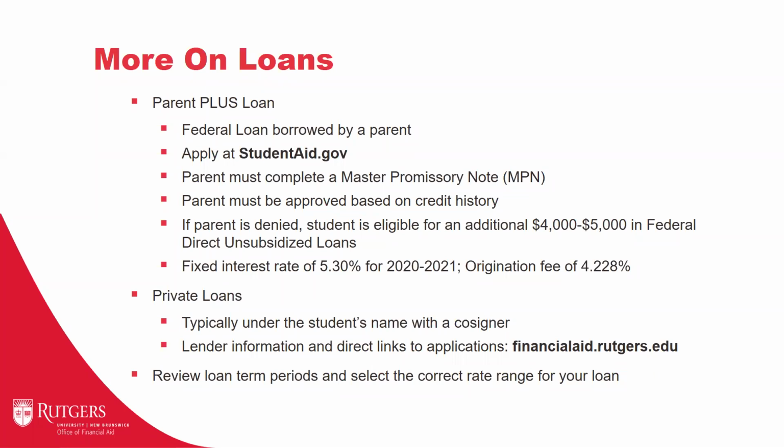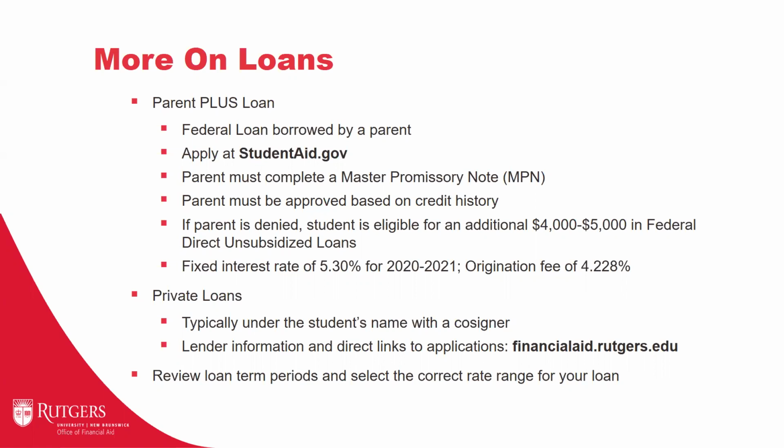And then the other option is private loans. These loans are typically in the student's name, and they typically need a co-signer. That is because most of our students are just graduating from high school, so we're not expecting them to have credit or the income to qualify for a private loan.